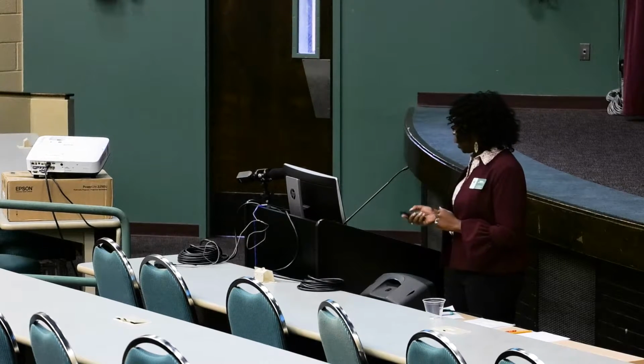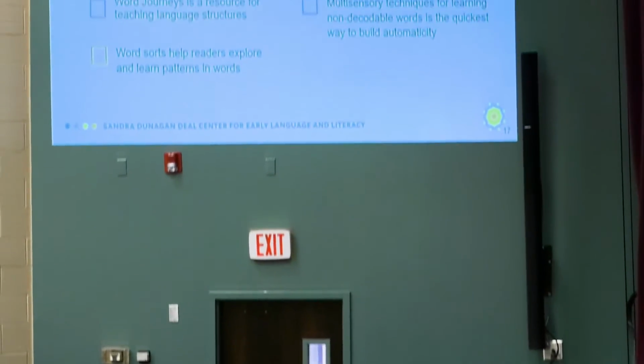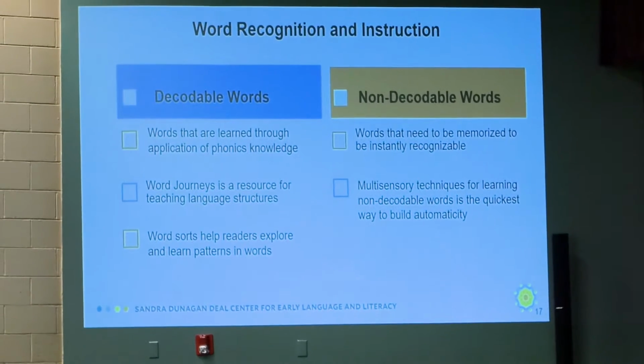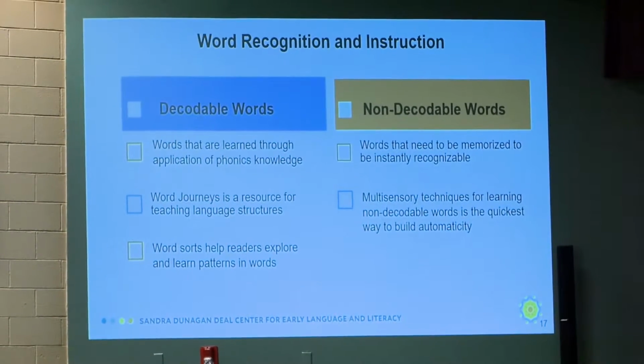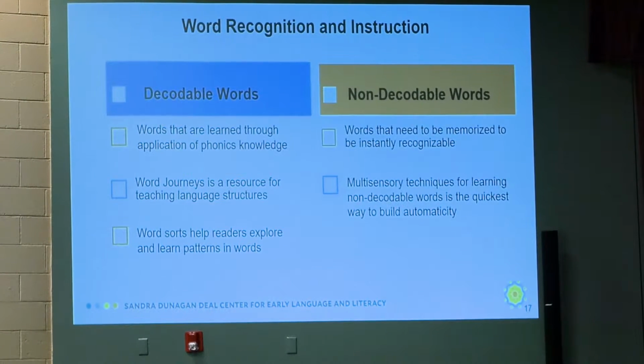Decodable words are words learned through application and knowledge of phonics. This is why it's important: the way we teach these types of words is defined by our understanding as the teacher.